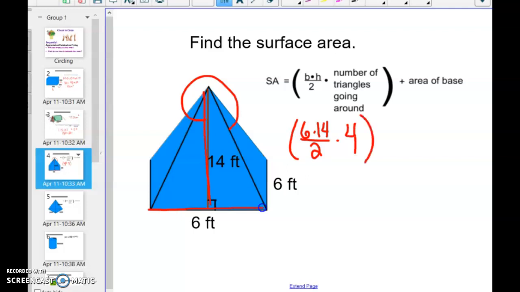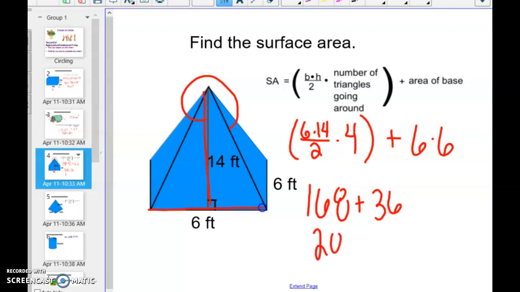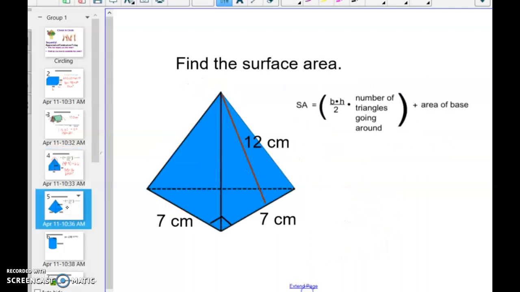So 6 times 14 divided by 2 times 4, because there's 4 triangles, I have 168 there. Plus the area of my base, the base of the square. So the area of the square is just going to be 6 times 6, which is 36. I add those two parts together, that's 204 feet squared of surface area for that square pyramid.